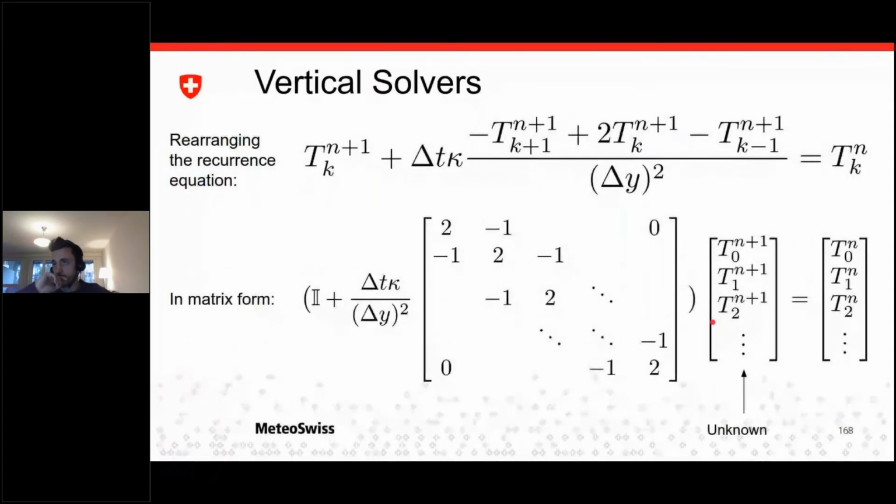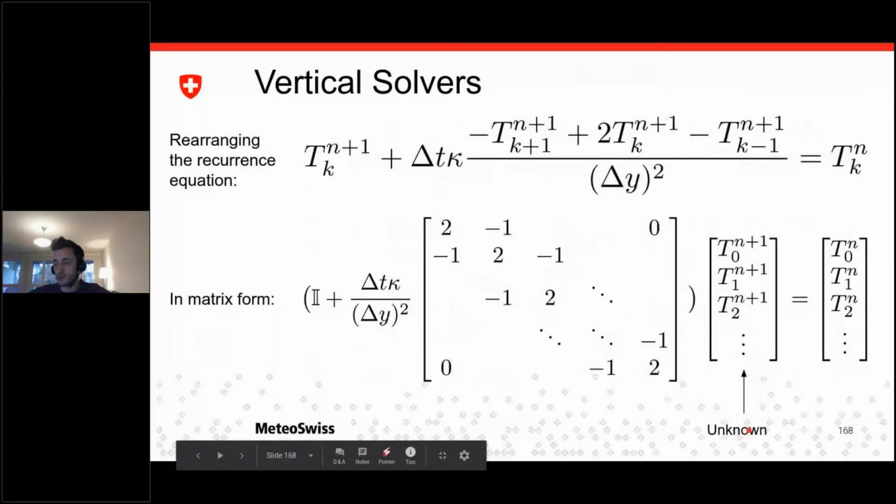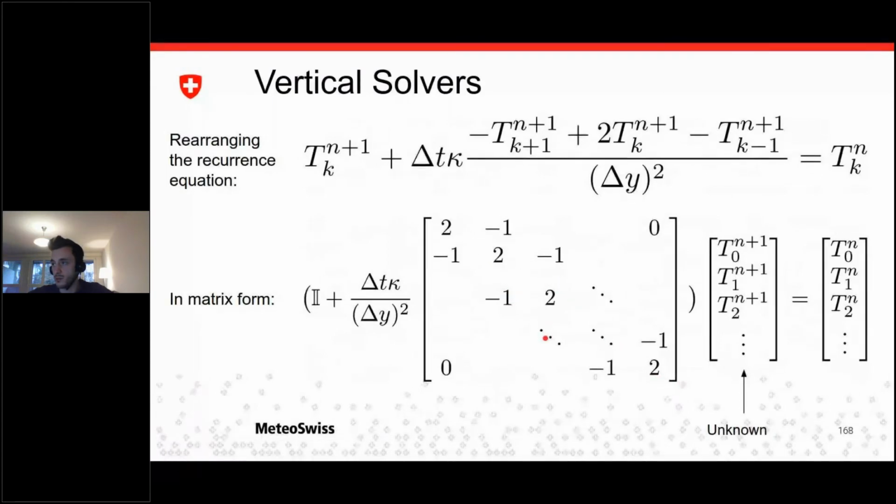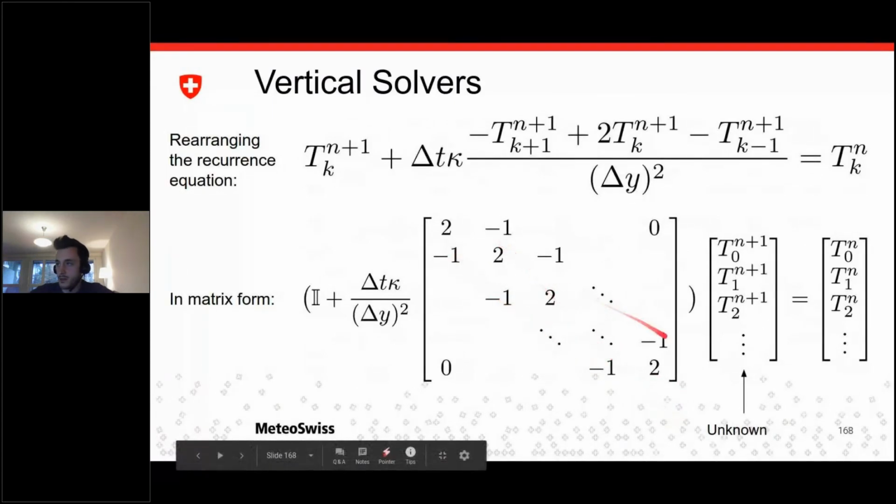The same recurrence equation rearranged looks like this in a matrix form. So this is the unknown, what we want to calculate, the temperature at the next time step. And in matrix form, you should notice that this matrix is a 3-diagonal matrix, so non-zero only on the main diagonal, the one above and the one below, as you can see.